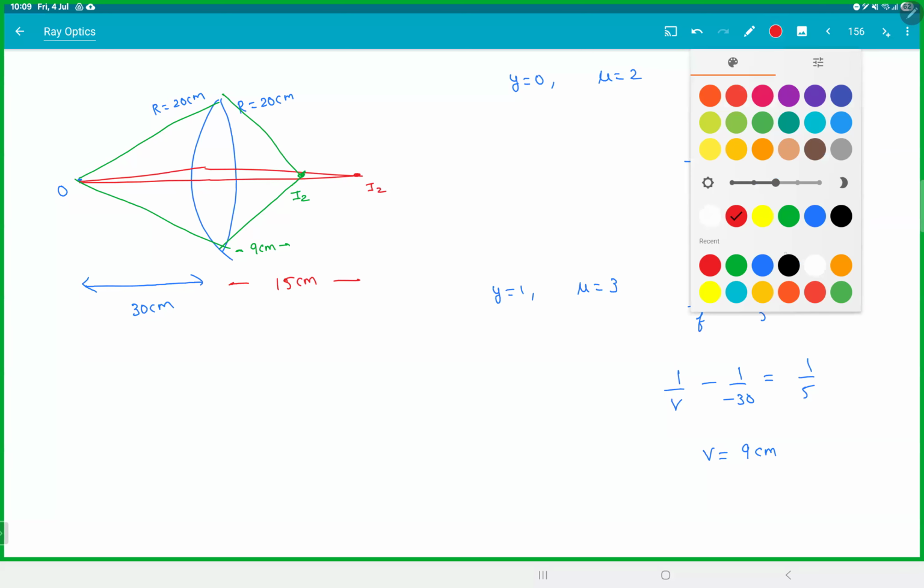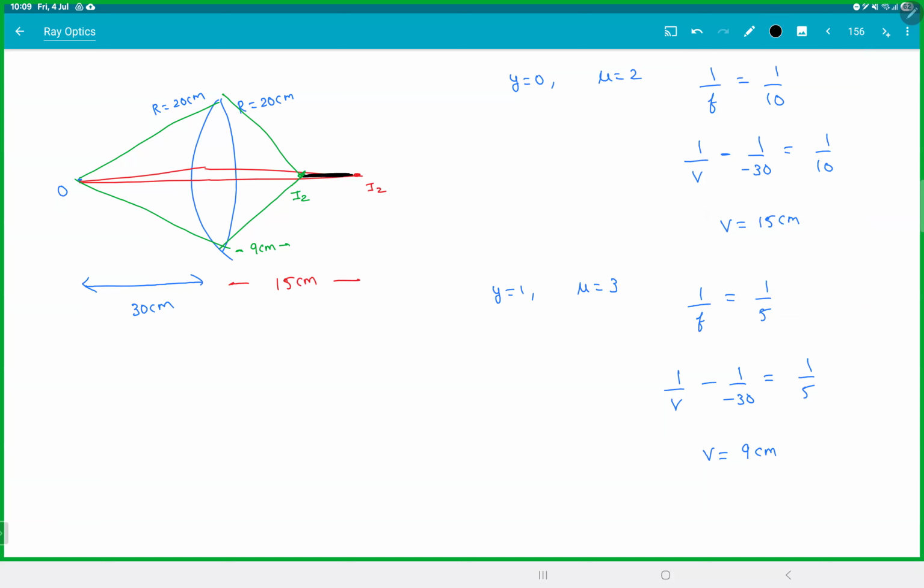And we can say everyone else will be in the middle. So this will be the image. And the difference will be 15 minus 9, 6 centimeters, right? No, this is 6 centimeters. This will be 9 centimeters.